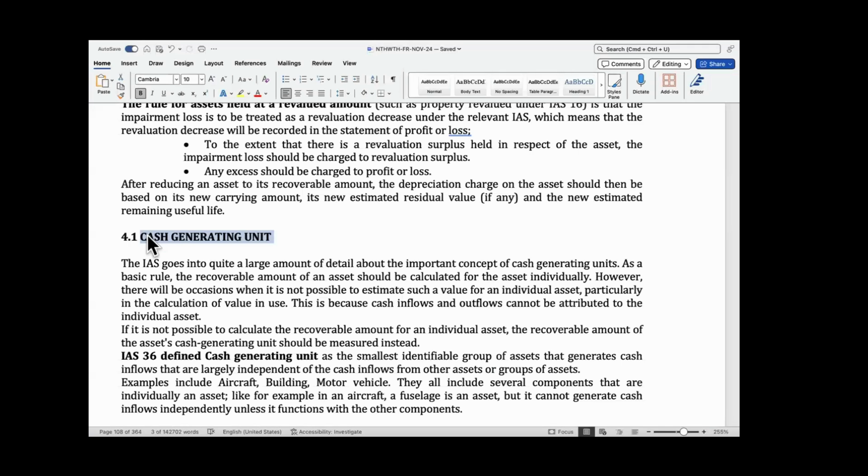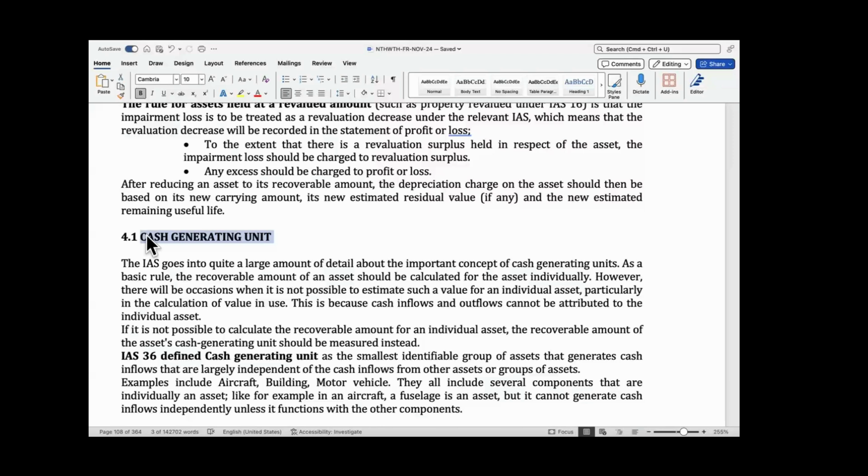It's impossible. And if you don't get value in use, how would you get recoverable amount, since recoverable amount is the higher between value in use and net realizable value? So that's a challenge. Does that mean we will never test those assets for impairment because we can't get their value in use, since they don't generate money individually?